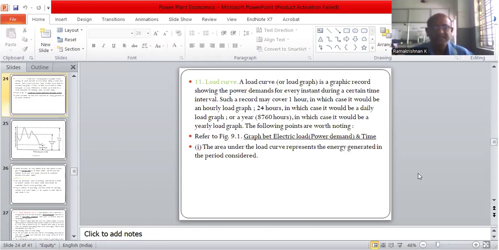If it is drawn for 1 hour, the load curve is called an hourly load curve. If the plot is made for 24 hours, the graph is called a daily load curve. But if the same is plotted for 1 year, 8760 hours, it is a yearly load graph.